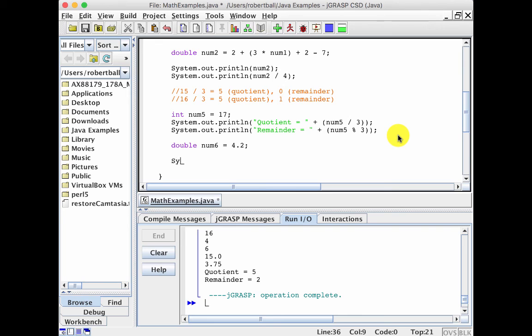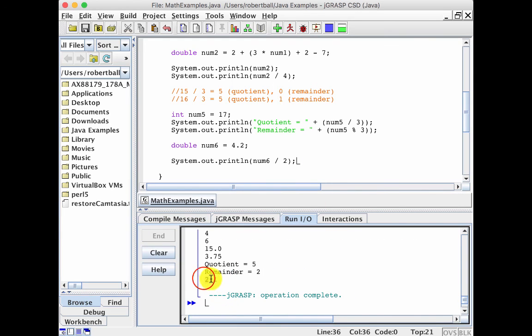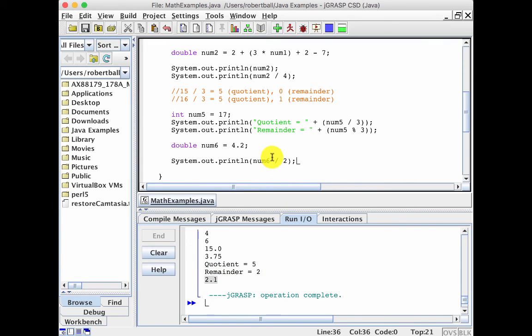If I say System.out.println num6 divided by 2, that will give us a 2.1. And there it is. So division with doubles is really easy. But with integers, you have to understand that you have both a quotient and a remainder.